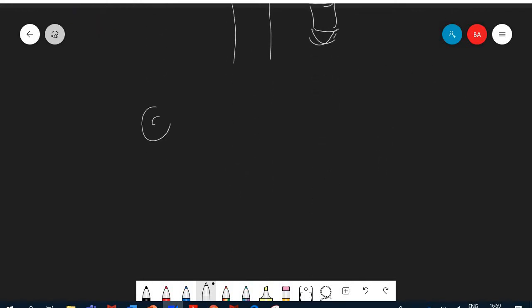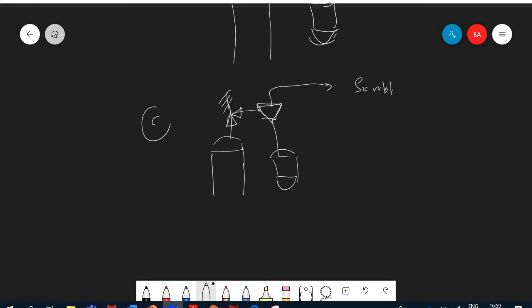In part C, it's simpler because we have no toxic substances. So in this case, I will directly have this. I have only the spring one, and everything is really contained in a knockout drum, and then of course it is taken to the scrubber or flare.